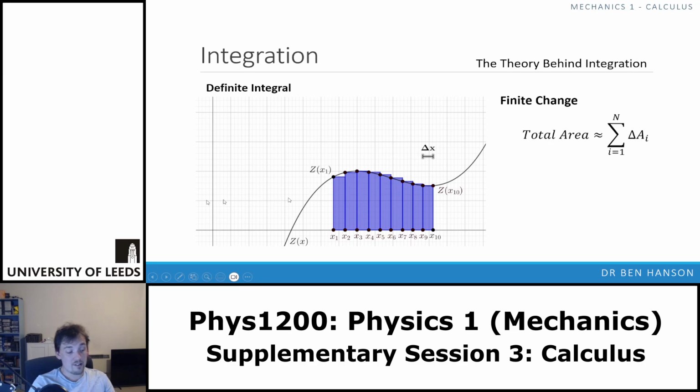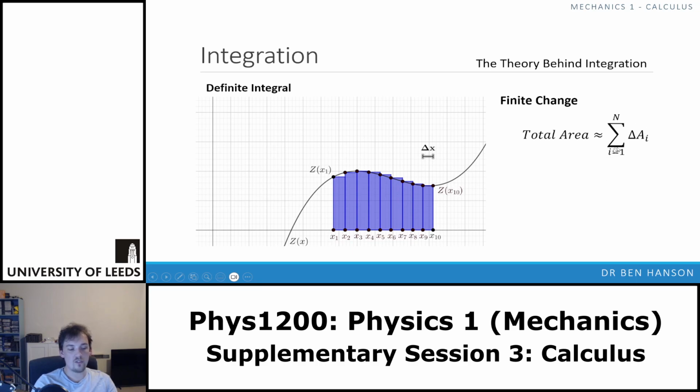So the total area under that graph, this is what a definite integral is. It calculates the total integral under that graph. The total area is approximately equal to the sum of all of those delta A_i's, right? So this is the area associated with z of x1. So z of x1 times delta x, z of x2 times delta x, z of x3 times delta x, z of x4 times delta x, 5, 6, 7, 8, z of x9 times delta x.